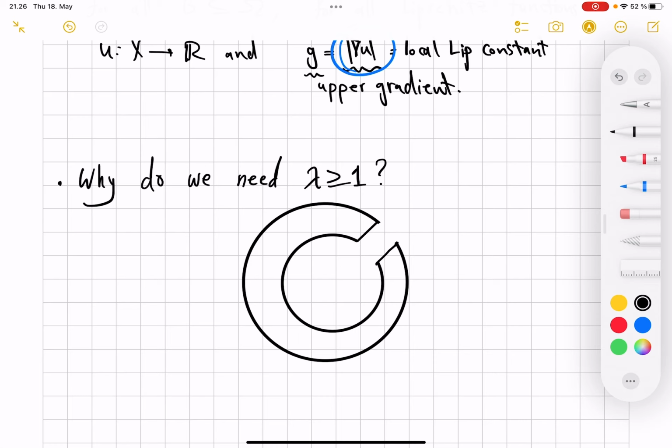Now my space will be everything inside here. So this is the annulus, but only part of it. So this is my subset, sitting inside R^n, R^2 here.